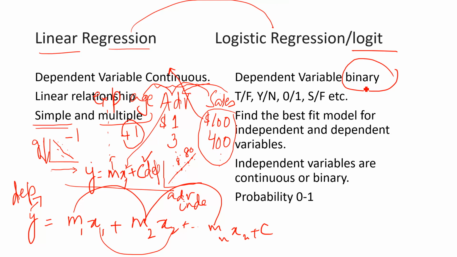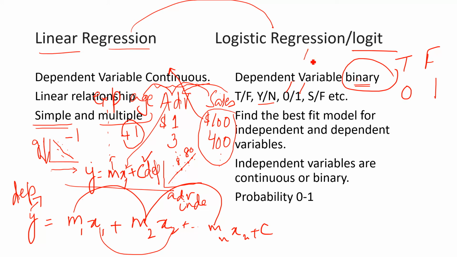Binary means it has only two outputs: true or false, or 0 and 1, yes and no. Whether the patient has cancer, yes or no, is a true and false question. If we flip a coin, maybe the head will come or the tail will come. So this is the important difference, that the dependent variable is binary in nature, right?